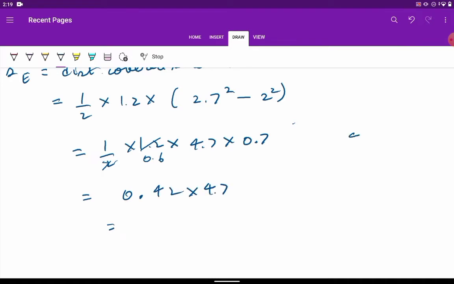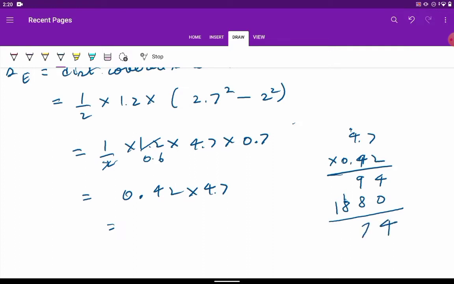So what is this? 4.7 into 0.42. 47 into 42 is, 7 twos are 14, 4 fours are 16, and so on, giving 1.974.